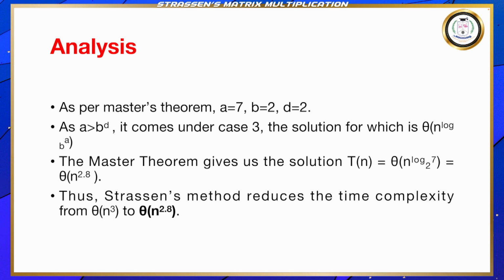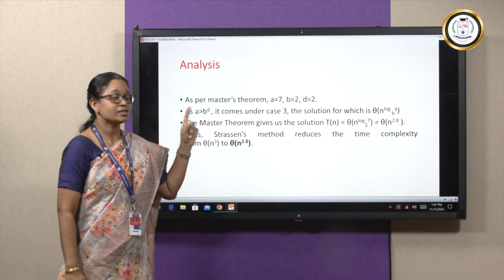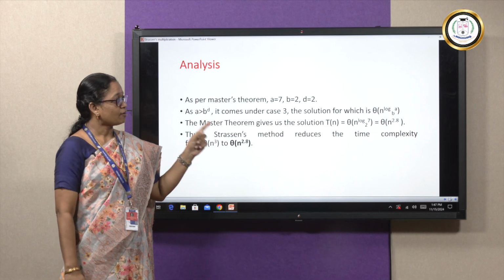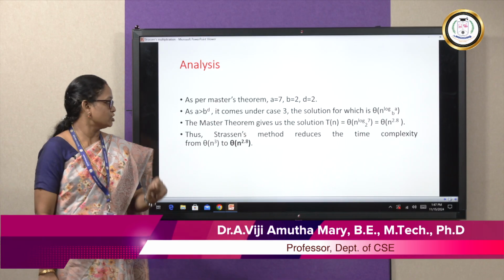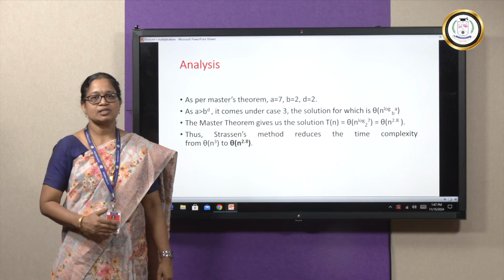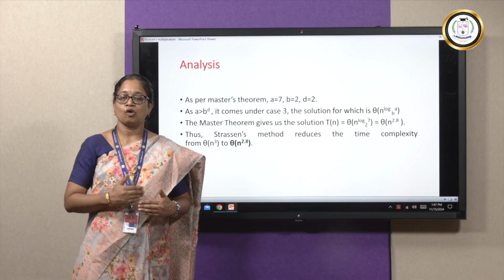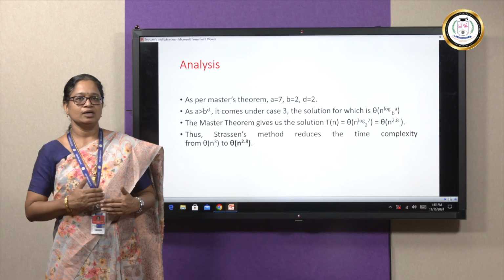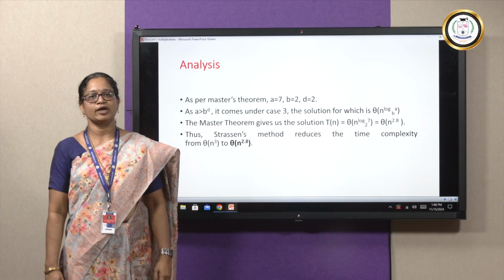Substituting the values of a and b, we get theta of n power log 7 to the base 2. After computation we get the result as theta of n power 2.8. Thus we show that Strassen's matrix multiplication reduces the time complexity of the traditional multiplication method from theta of n cubed to theta of n power 2.8.